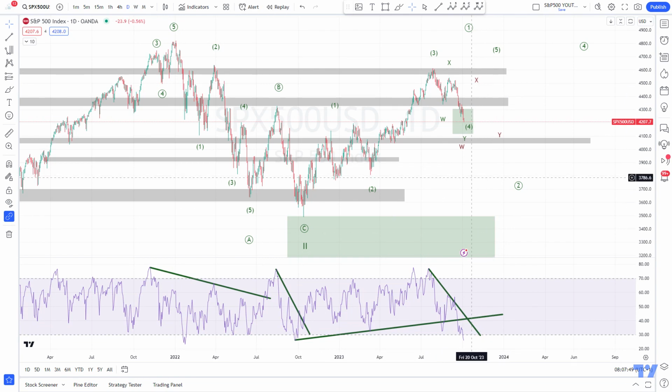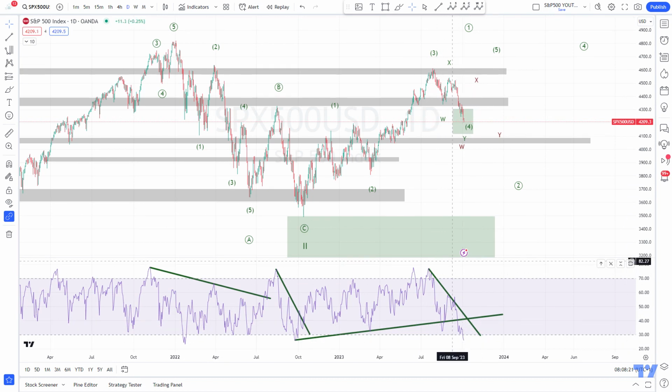But okay, this is a scenario that I share with you, but it's still a bit early to really have a strong case for it. Let's first look at what happens in this area, whether we get our reversal or not. What we see on the daily is that we are still bearish here.